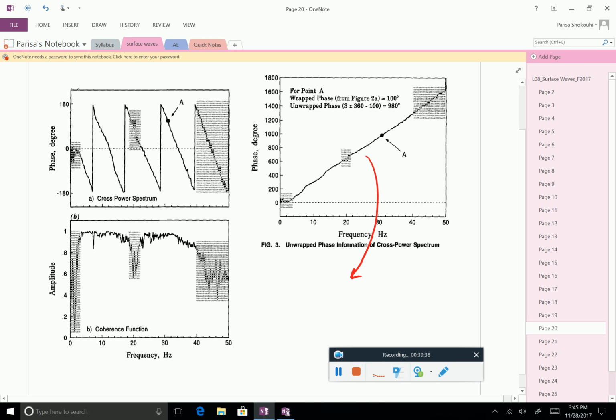So basically this is delta phi as a function of f. Here is frequency, and here is delta t as a function of f unwrapped. So you get delta t immediately from this figure, and you can immediately look at the velocity.